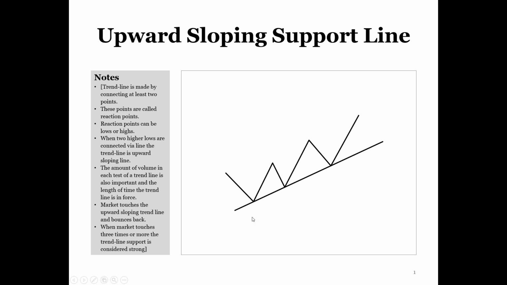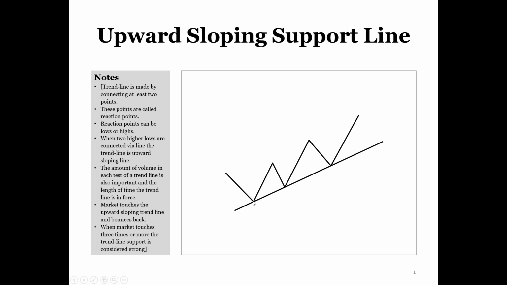So this is the price chart, just a general chart of a market which is moving upward. As we can see, let's say it started here and the end point is here. So how do we draw the trend line? The first thing we do is that these points where the prices are bouncing upwards are called reaction points.